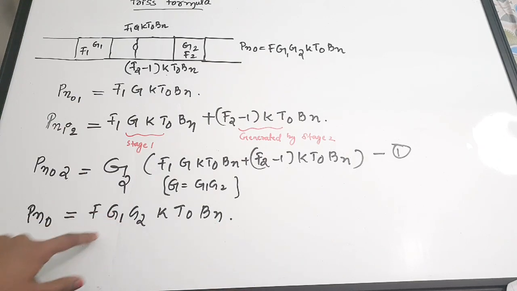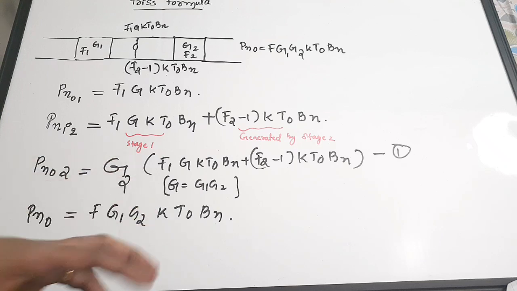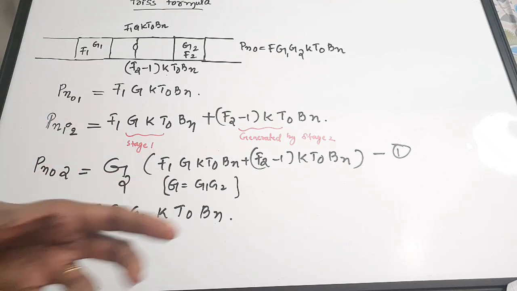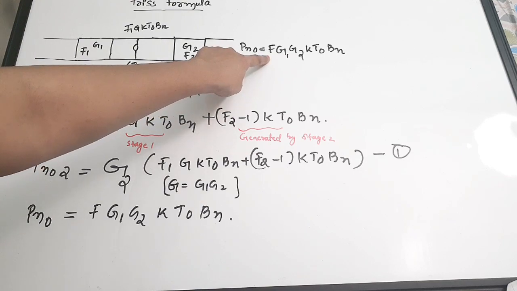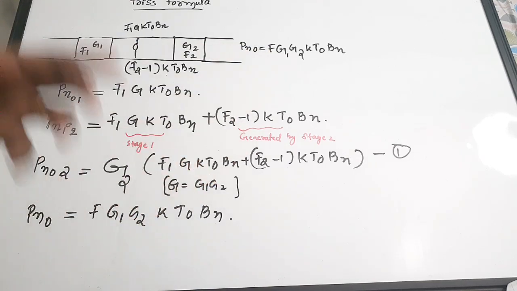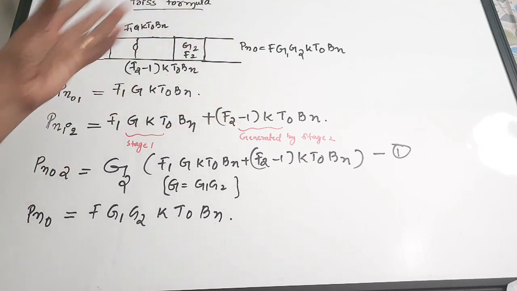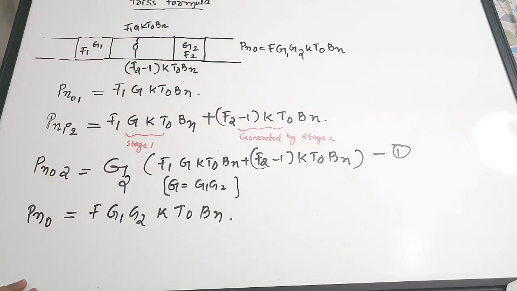Now what we are actually trying to do is derive an equation for the total noise factor F for this cascaded connection in terms of the individual noise factors. That is our aim. So for deriving that, we have taken the total noise factor of this cascaded connection to be F, and F into G1 G2 K T0 Bn is the total output noise power.